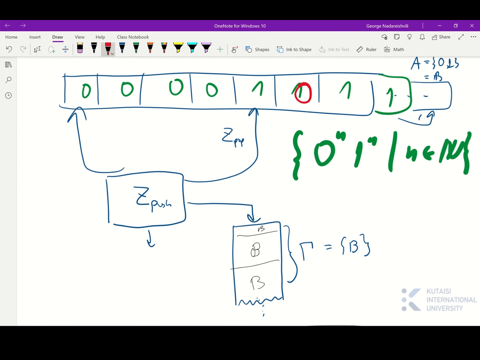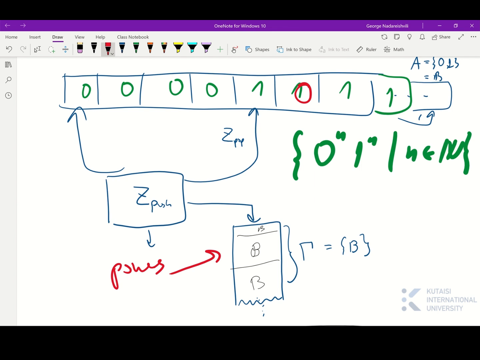This is just intuitively speaking, because I haven't defined what computation is or what it means to accept, but you can kind of see intuitively that this already grants you some power. If you have 0, 1, 0, 1, when I see 0 again, I have to go to a different state which rejects right away.